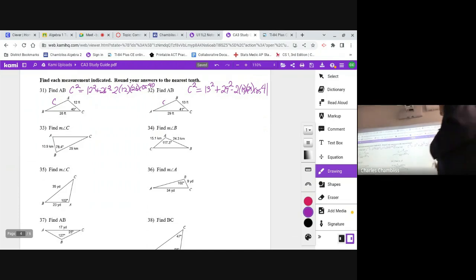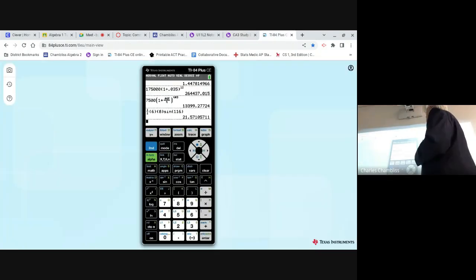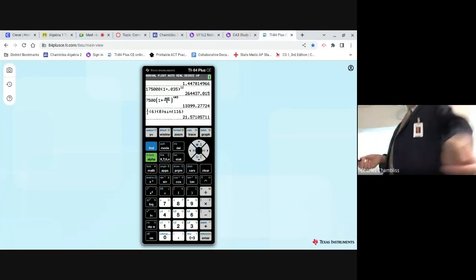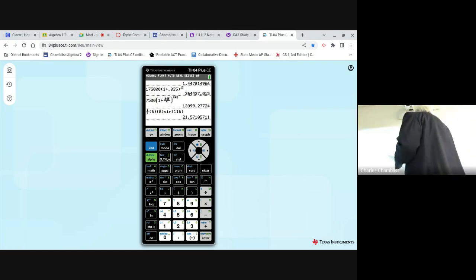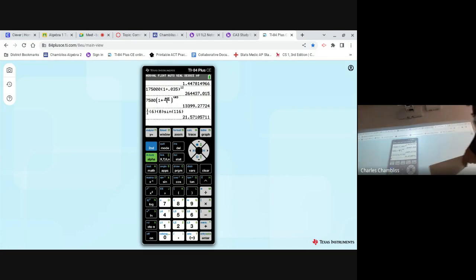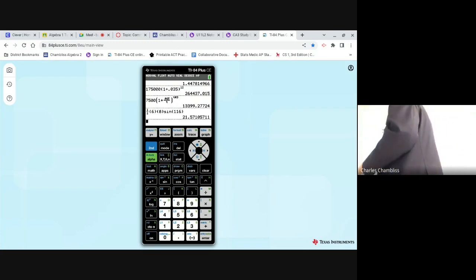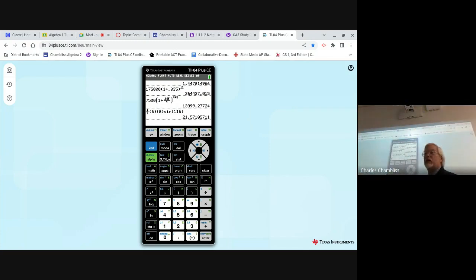So I'm going to go ahead and work one of those in the calculator. Don't forget to take the square root, though. That can be a big deal. And I would venture a guess that one of the incorrect answers would be the one where it's not the square root. So be aware of that.